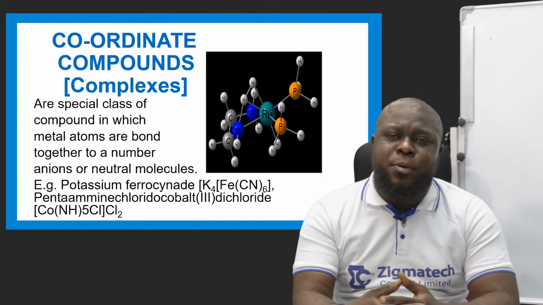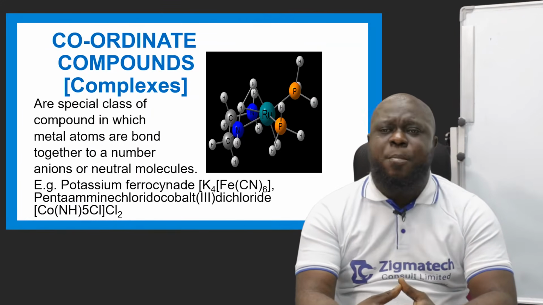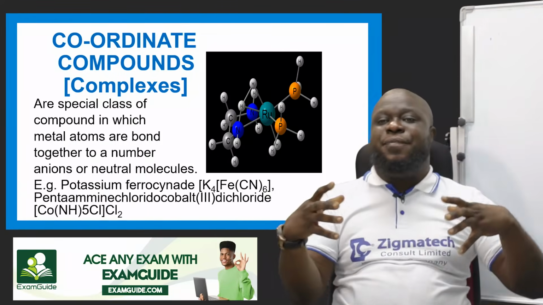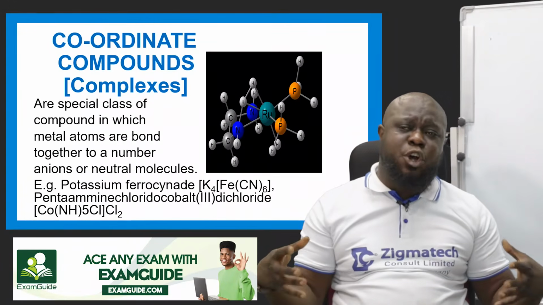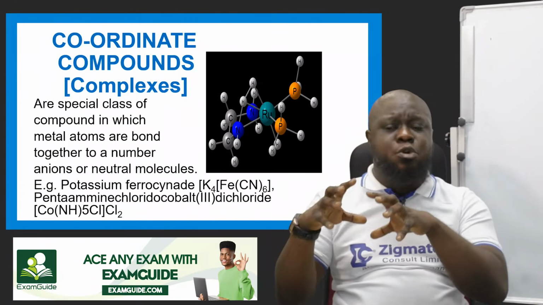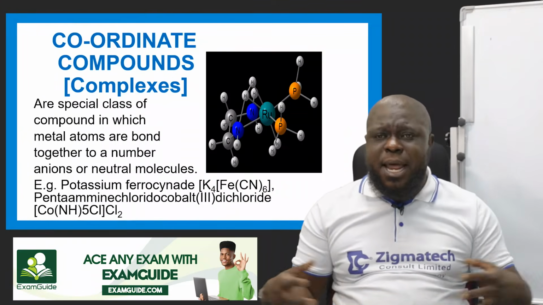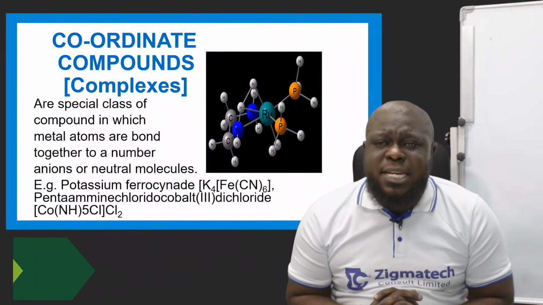Now, take for example, the potassium is positive, but the ferrocyanide is neutral. Why? Because the ferrocyanide is a combination of two gases. In essence, they are neutral, and the potassium is a positive sign. Bringing them together, they will give you a coordinate compound.